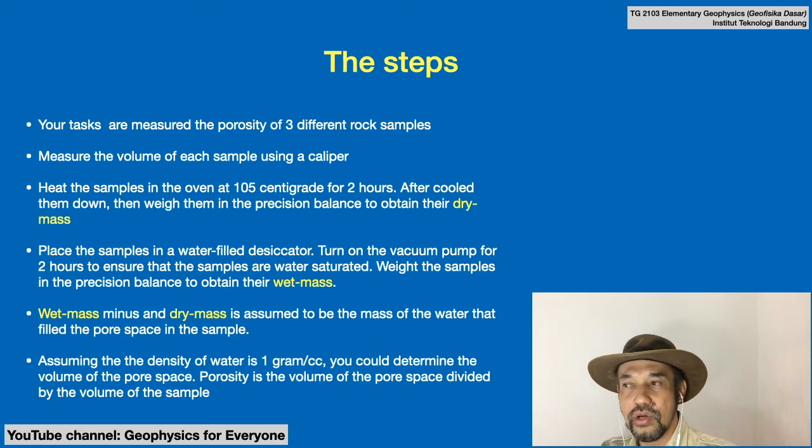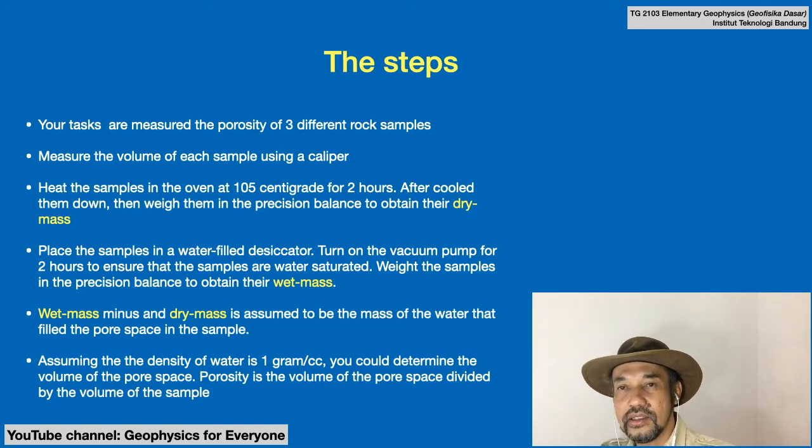After 2 hours, the samples will be cooled down. The students are then required to weigh the samples in the precision balance to obtain the dry mass. So remember, dry mass. Then the students are required to place these dry samples into a water-filled desiccator.